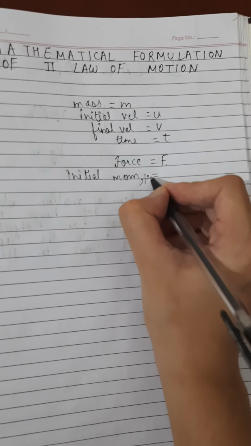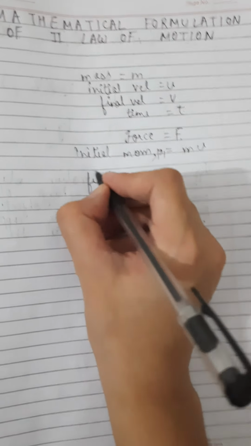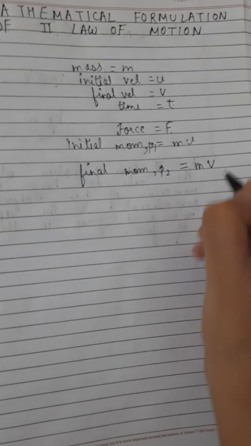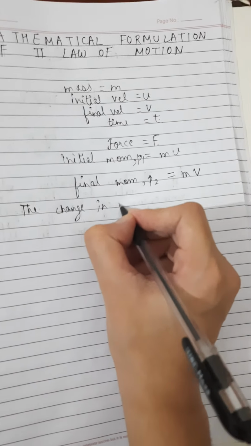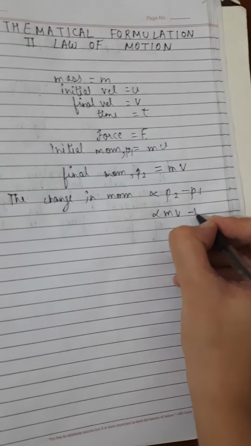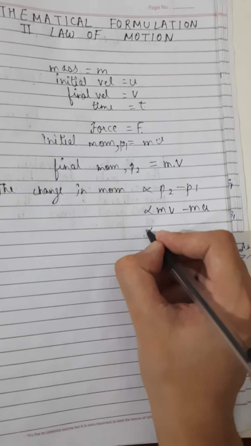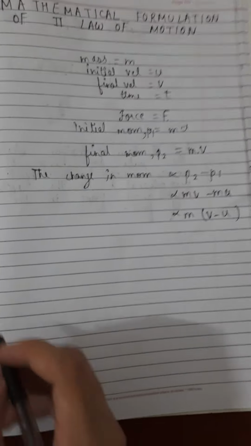So what will be the initial momentum? Suppose it is denoted by P1, it will be m into u. And the final momentum, denoted by P2, will be m into v. Now the change in momentum can be written as P2 minus P1, or mv minus mu, which is equal to m into v minus u.